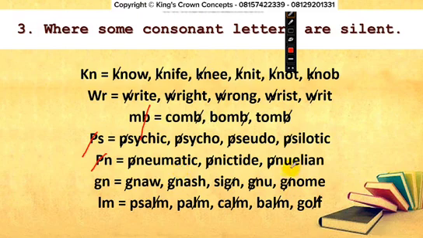We have gn, where the g is silent. We have gnash, sign, gnu, gnome. We have lm, where the l is silent, as in calm, palm, and golf. Not golf, golf. That's the instance where some consonant letters are silent.